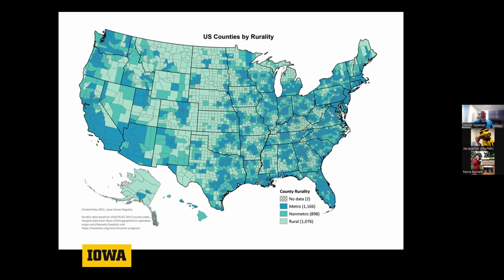It's important to understand that although there are some commonalities across all rural communities, not all rural areas are the same. For example, the rural South is very different from Appalachia, from the rural Midwest, the Southwest, and the frontier Northwest. This means that solutions to address disparities need to consider local context to be successful.